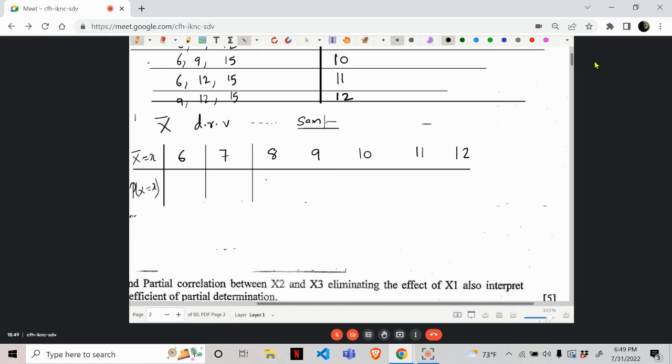Can you tell me the probabilities one by one? 1 by 10, 1 by 10, 1 by 10, 2 by 10, 2 by 10.